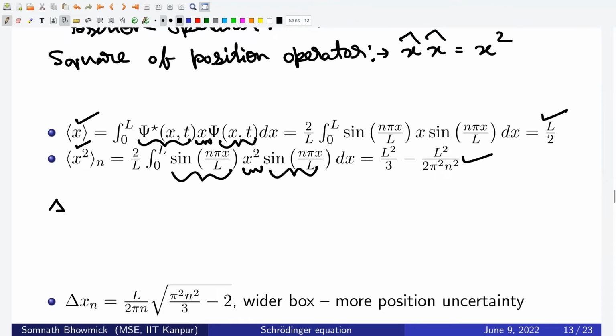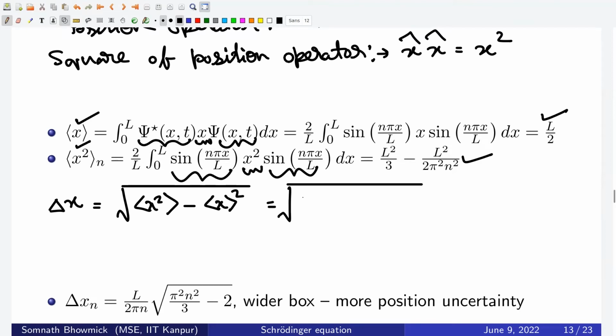Now, we can define delta of x, which is given by the square root of x square average minus x bar square, which is equal to square root of L square by 3 minus L square by 2 pi square n square minus L square by 4.